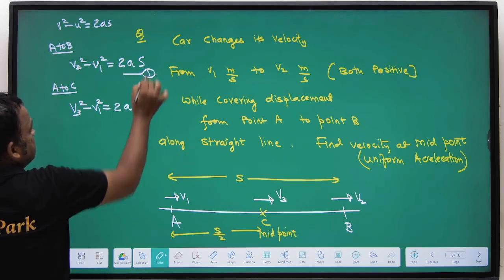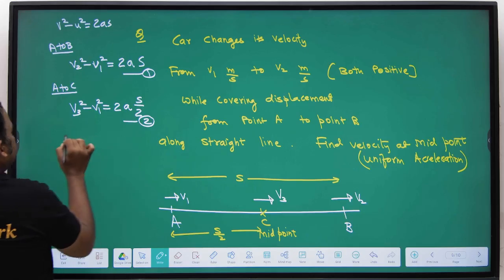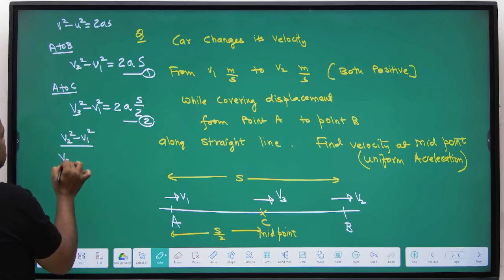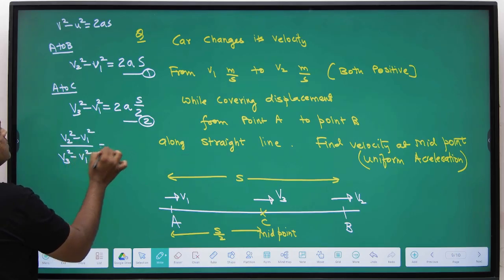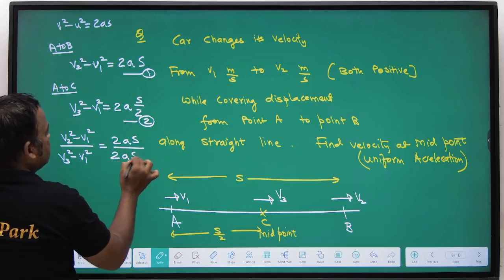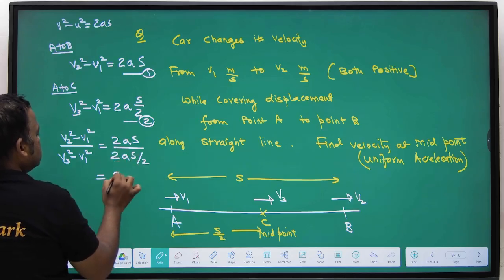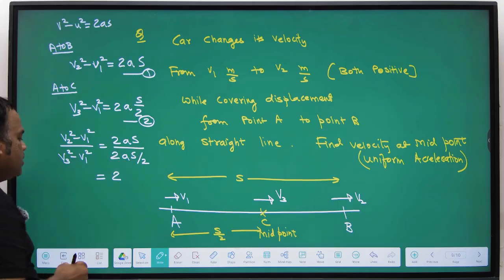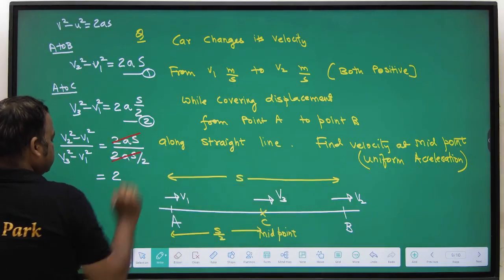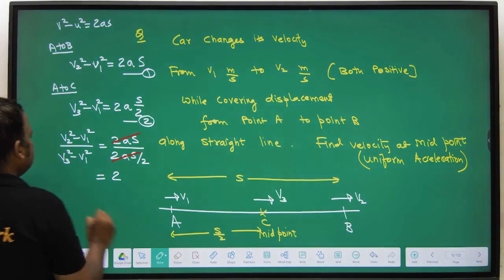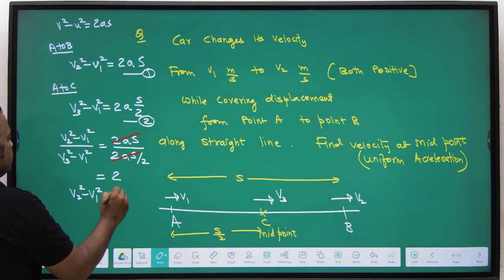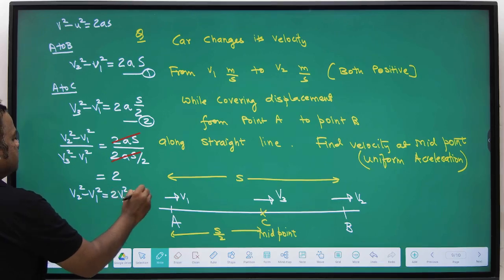Now divide these two equations. So this is first equation, this is second equation. Dividing, we'll get v2 square minus v1 square by v3 square minus v1 square is equal to 2as divided by 2as by 2, so that is equal to 2. This 2as and 2as will get cancelled. So we have v2 square minus v1 square is equal to 2v3 square minus 2v1 square.